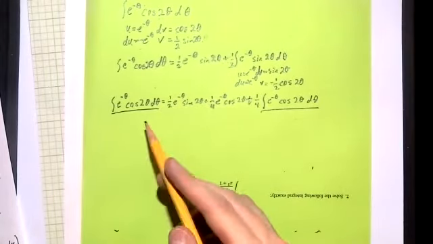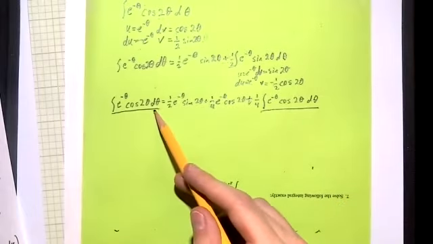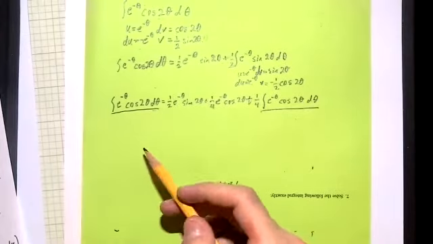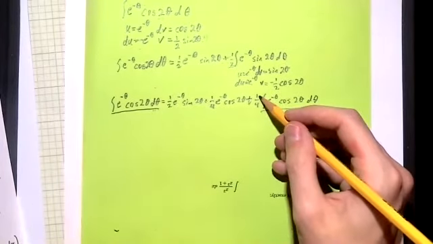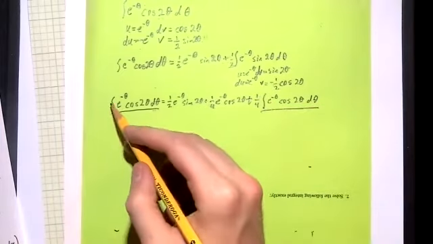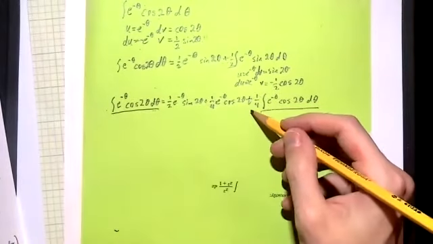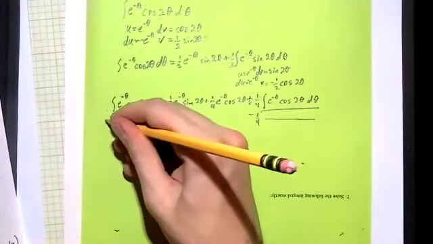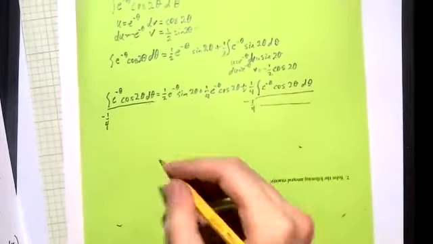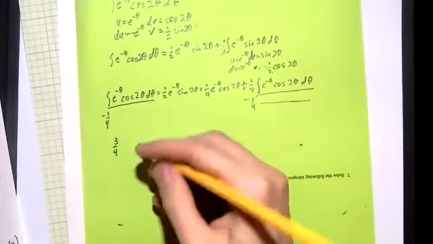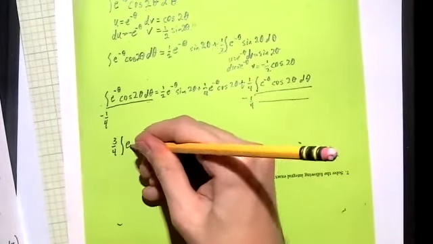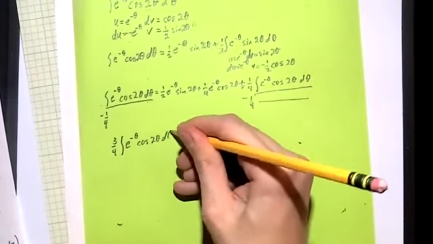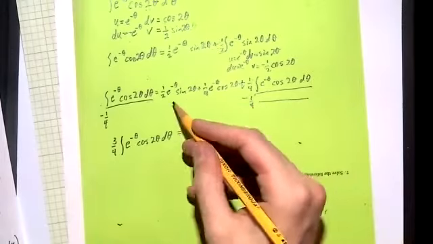So what we can do, and this is the reason why I kept writing this out, is since these are the same, we can treat them as a group variable and say, so we have 1/4 of it on this side and 1 of it on this side. We subtract 1/4 of that, and we get 3/4 the integral e to the negative theta cosine is equal to, and then this whole thing.